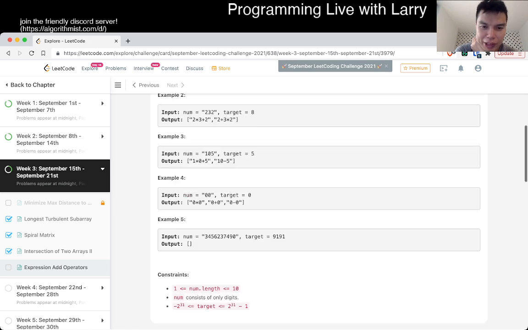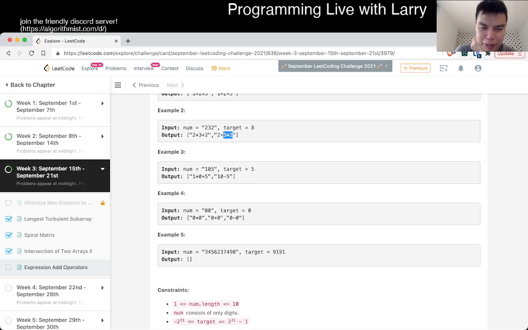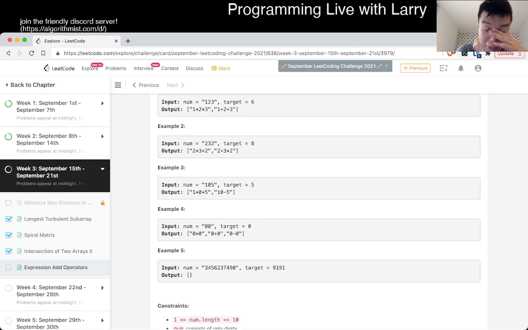The order of operation thing is a little bit messy. I'm trying to think about how I want to implement that part. That part's a little bit weird. I guess we only care about the last digit that we haven't used yet, for multiplication.